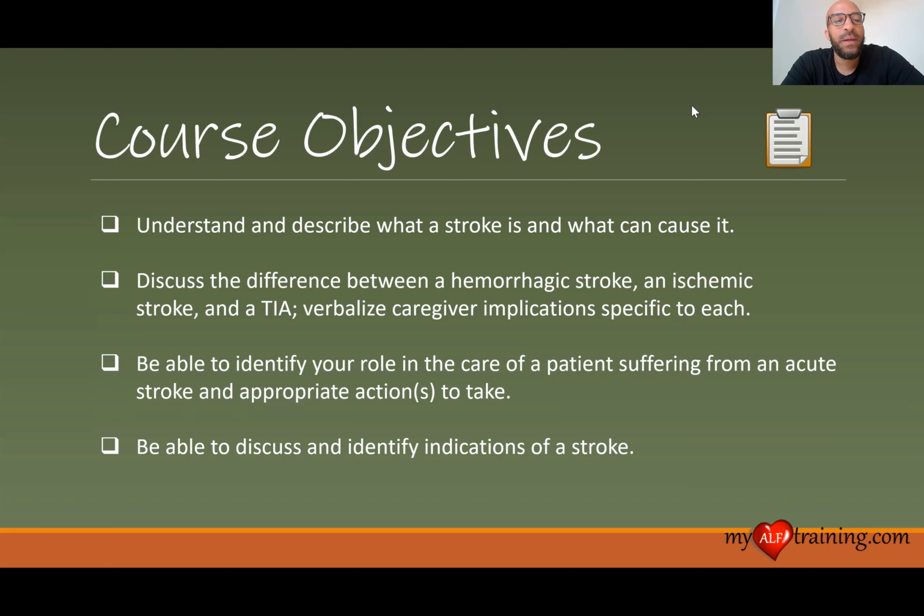Our fourth course objective is you will be able to discuss and identify indications of a stroke. So what are we looking for that can clue us in our assessment or interaction with a patient that can give us an indication that they may be having a stroke?